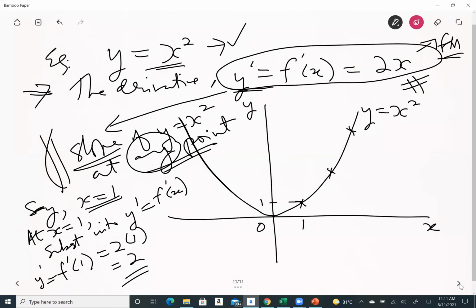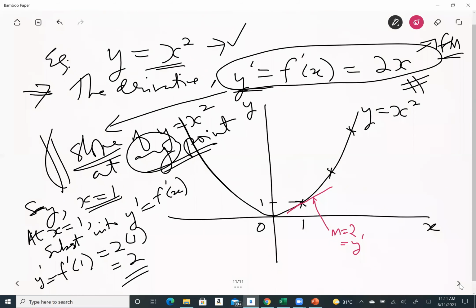So you draw the line tangent to the curve at that point 1. The value of that slope here is m equal to 2, which is y prime at 1 equal to 2. Now you can do it at any other point.